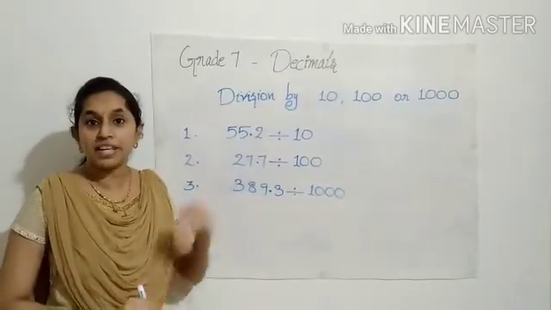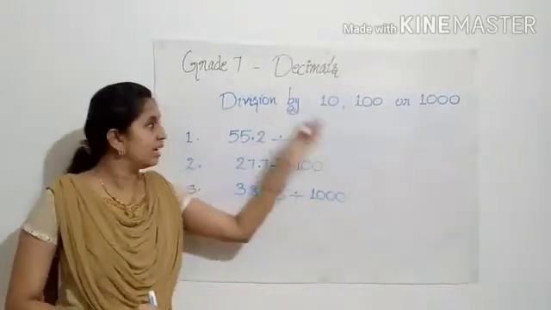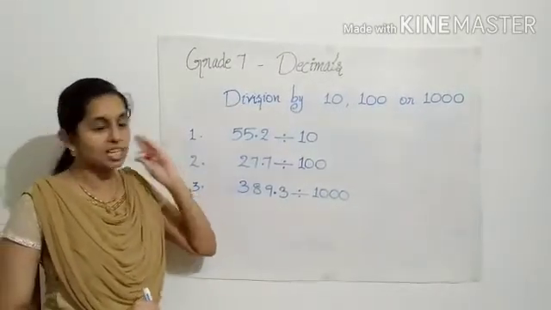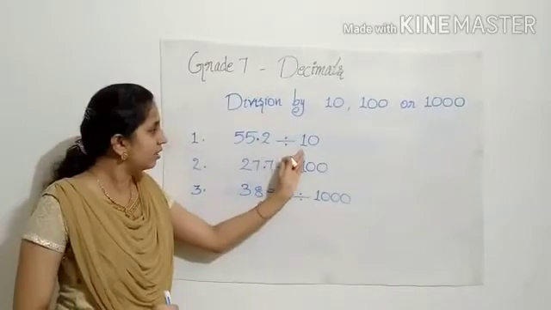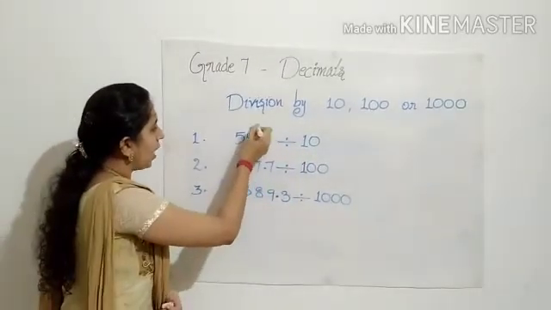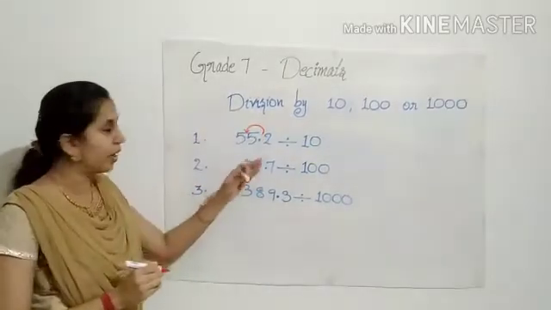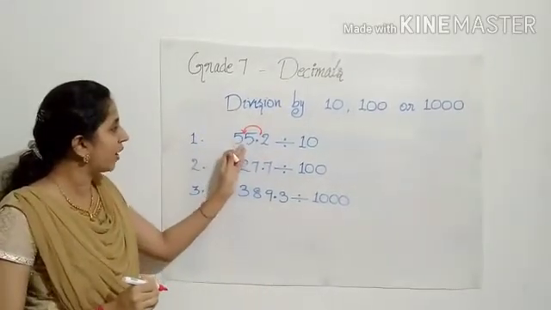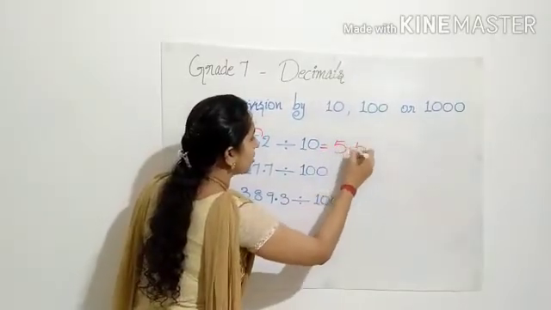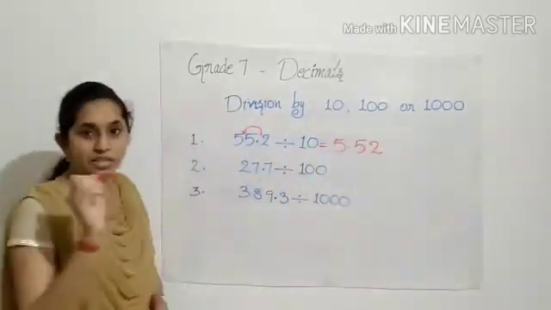In the case of multiplication, we have to move towards the right. In the case of division, we have to move towards the left, as many places as there are zeros after 1. Here, only 1 zero. That means we have to jump 1 place backward. So where does it reach? 5.52. The answer becomes 5.52.